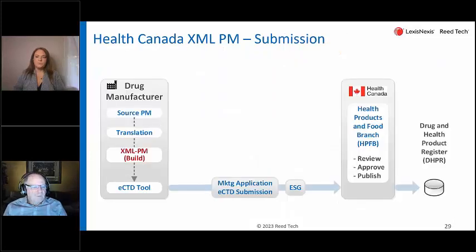Now, going back to this flow, the actual submission: once you have these products created and put them in an eCTD package, you can set them off through the electronic submission gateway. And the Health Products and Food Branch, HPFB, reviews them, approves them, and publishes them.